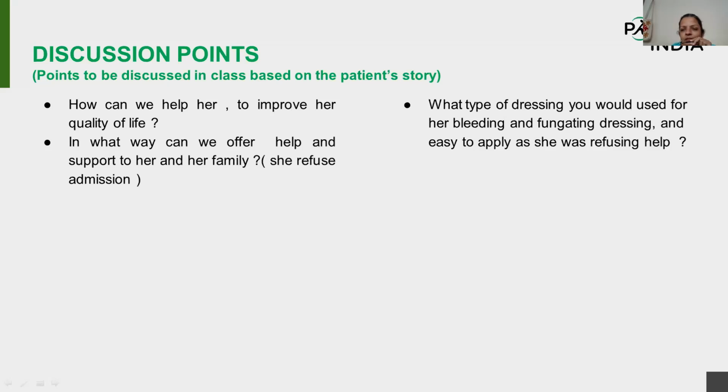The garments, like the blouse type of thing that we wear, what can be worn for the support of the dressing is very essential, because if we just go on tying the bandage, it will come off many times. It gets loosened, and the wound becomes open.